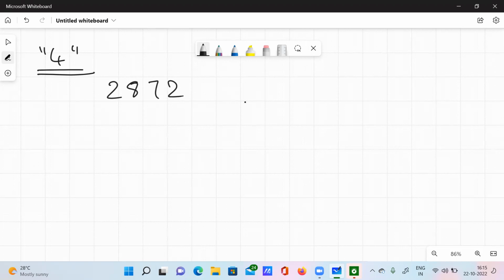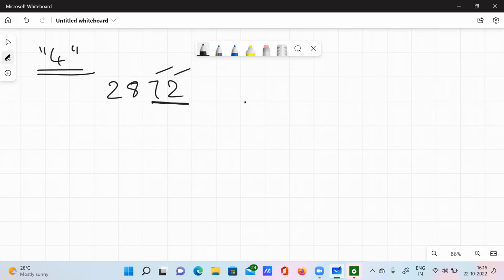I want to check whether this number is actually divisible by 4 or not. So how to do that? So you just need to check the last two digits, that is the ones and the tens here. So you need to look for the last two digits, okay? And if those two digits are actually divisible by 4, then you can confidently say that this whole number is actually divisible by 4.